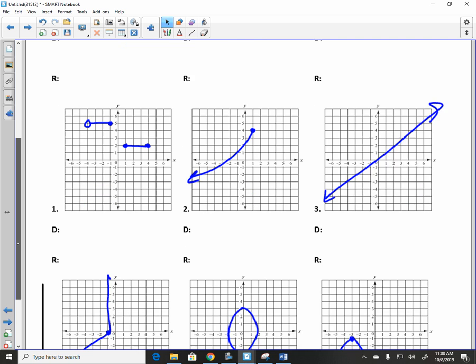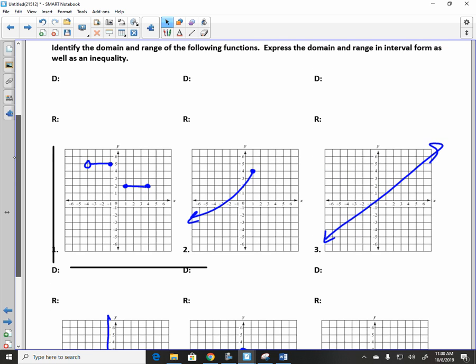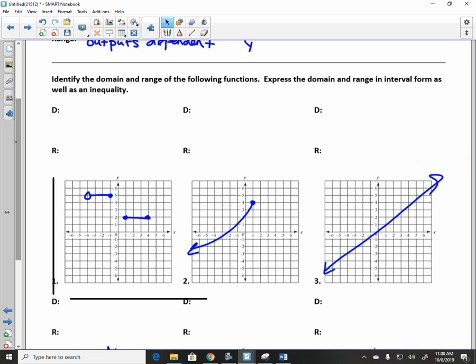So how do we determine the domain? I will show you. I like to grab vertical and horizontal lines. For determining domain, I'm focusing on x. So I grab an x equals equation. X equals is a vertical line. Does the graph ever have values here? How about here? How about here? How about here?